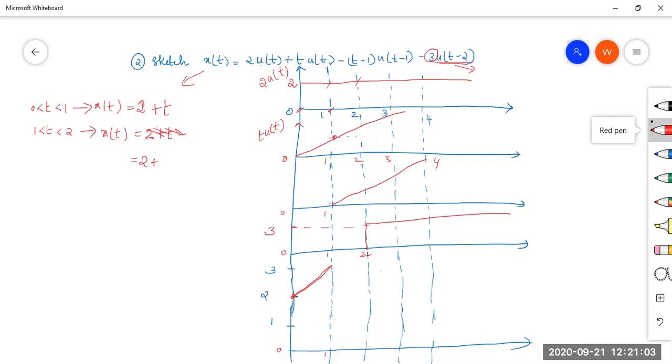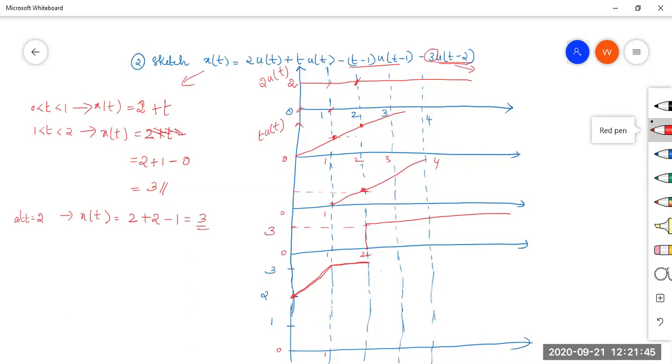It is 1 here. Here it is 0. So the magnitude is 3 at 1. Now at t equal to 2, x of t will be equal to 2 plus, here what should be the magnitude? It should be 2 minus (t minus 1) u of t minus 1. The magnitude will be 1, since this is starting at 0. So it is 3 again. So in between 1 and 2, it is remaining constant at 3.